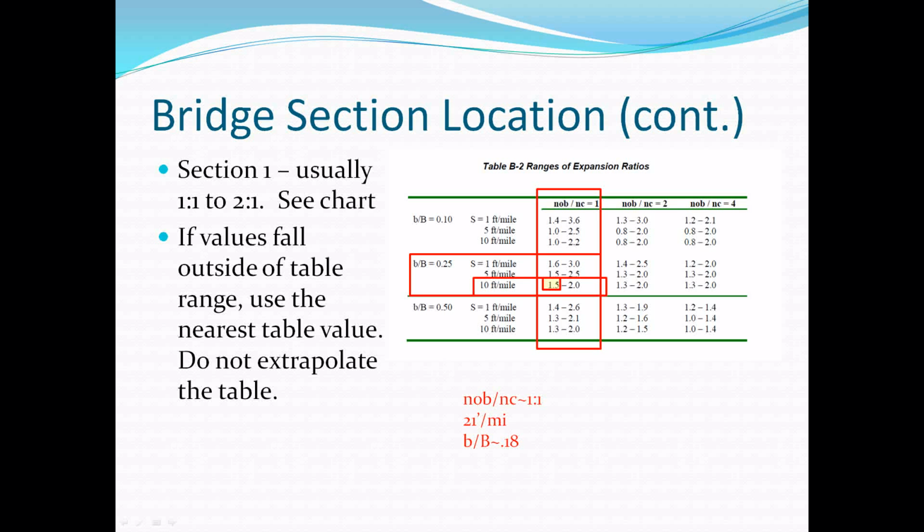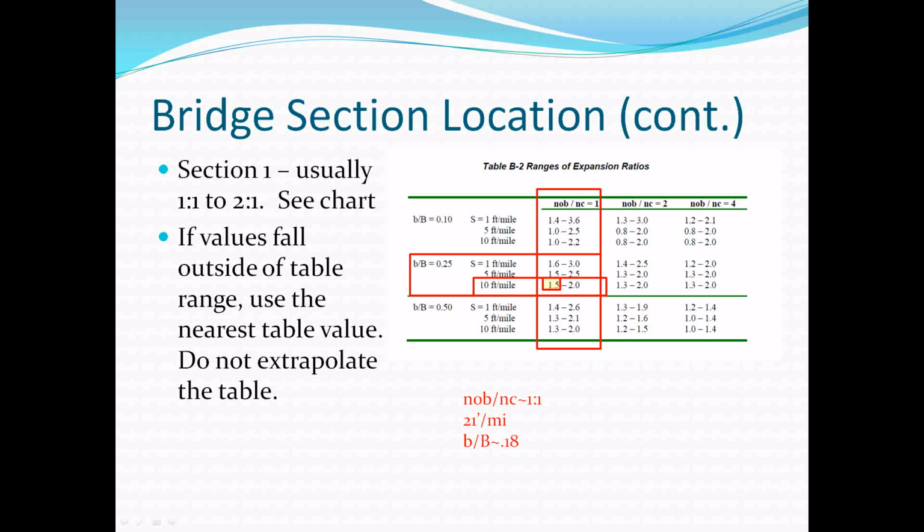And then lastly, I just cut a profile along the stream center line and measured the average slope of that profile and got about 21 feet per mile, which is about twice as steep as the biggest value in this table.